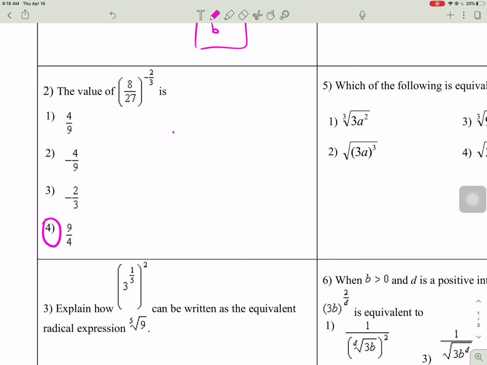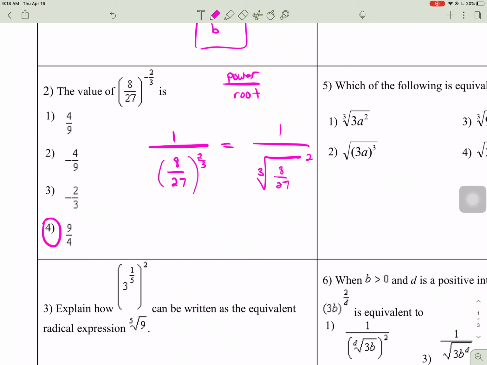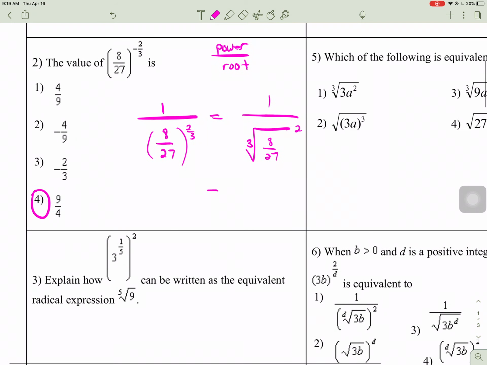The way to write this: 1 over 8 over 27 to the positive 2/3 power. And remember, with a fractional exponent, it's power over root. So that means 1 over the cubed root, because the root is 3, of 8 over 27 squared. What is the cubed root of 8 over 27?